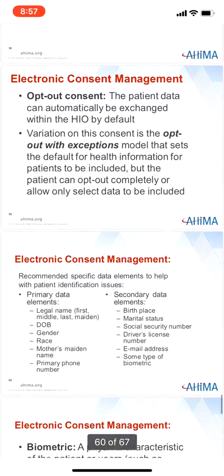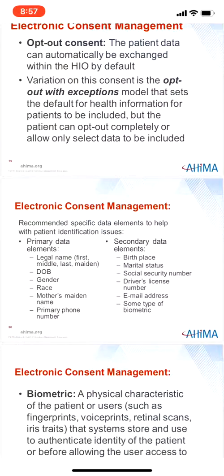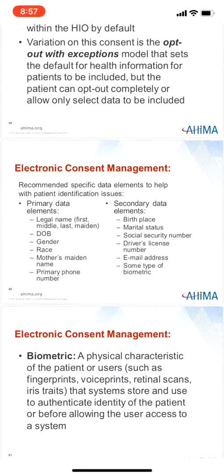And then we have the recommended specific data elements to help with patient identification issues. So you see in slide 60, the primary data elements are the patient's legal name, first, middle, last, and maiden, their date of birth, their gender, race, mother's maiden name, and their primary phone number.